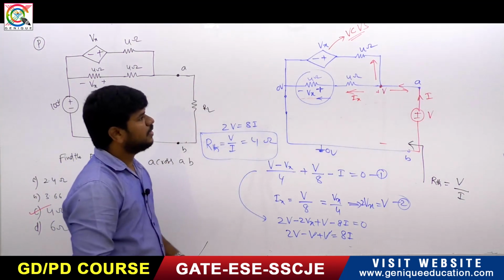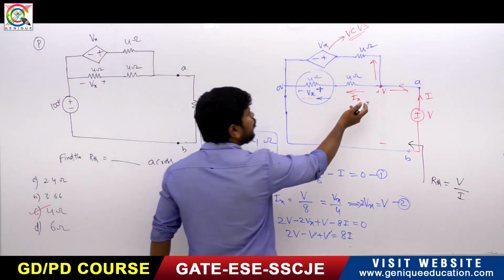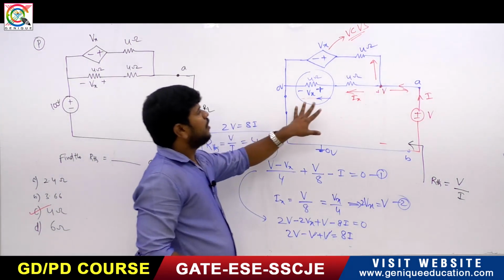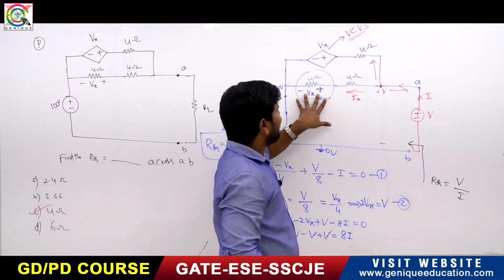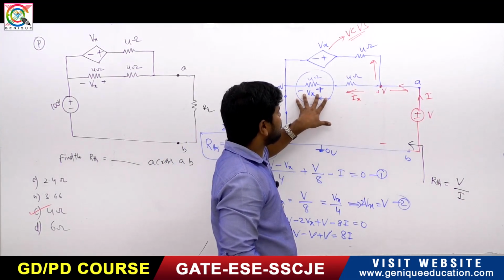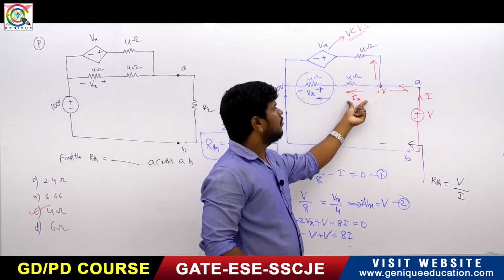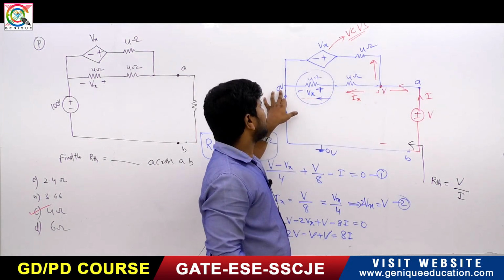Or otherwise, see, you can also use this Vx here. Observe this. V minus Vx divided by, what is the voltage here? It is 0.